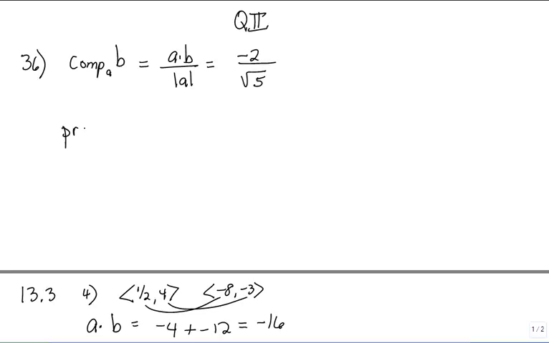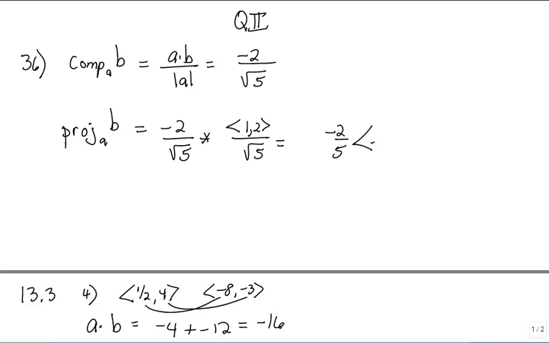The projection of B on A is that times the vector over its length. So that's going to be minus 2/5 times the vector 1, 2.